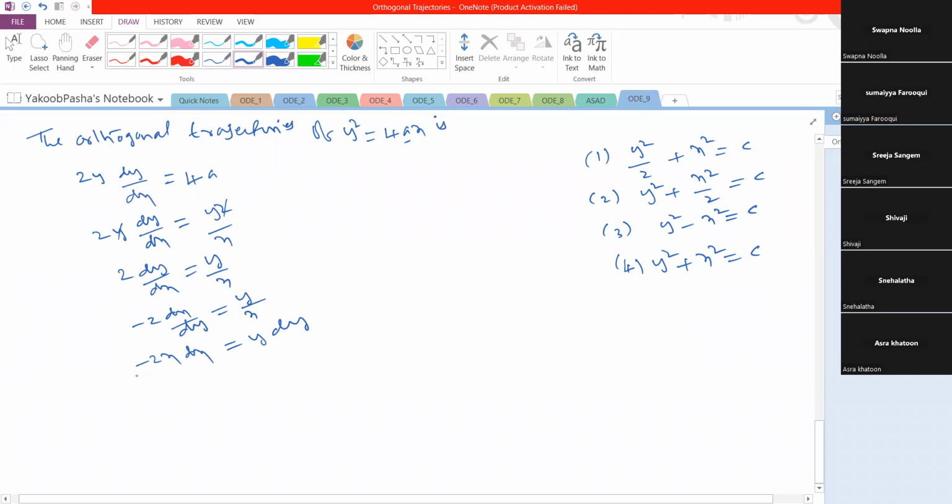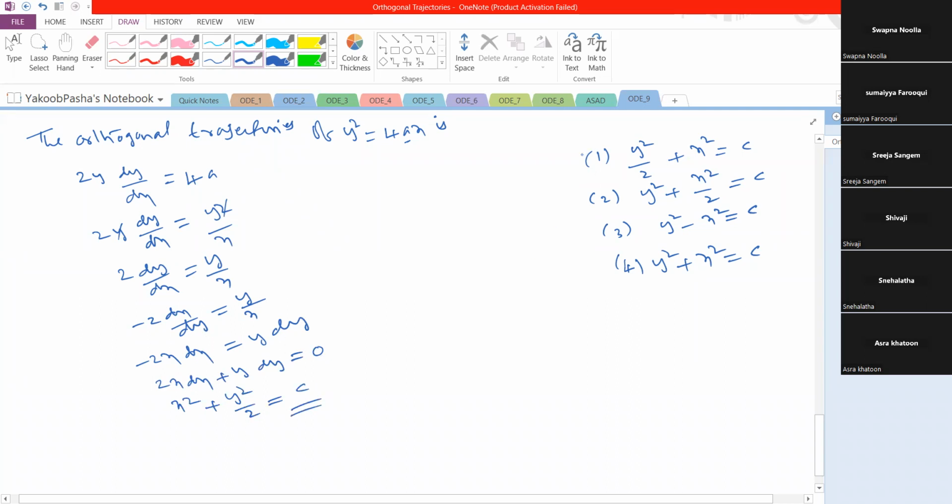We can write it as 2x dx plus y dy is equal to 0. Integration of this, we will get x square plus y square by 2 is equal to arbitrary constant c.